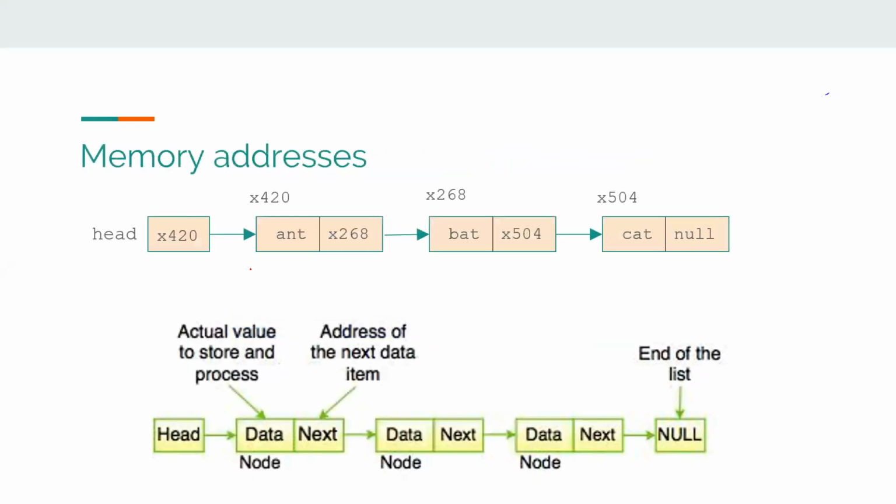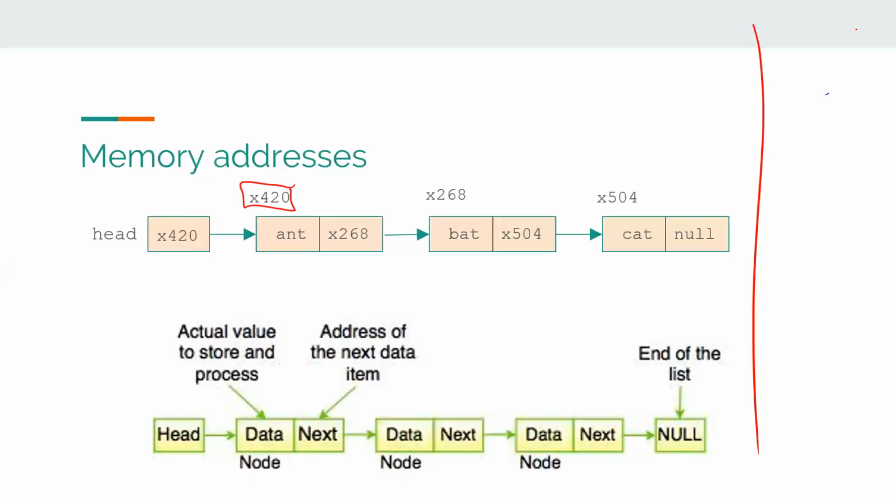Getting back to this idea of a memory address, though, in this diagram, I've added the memory locations to help show you what that actually means. So if you imagine that the ant node was stored at memory location hexadecimal 420, the X refers to hexadecimal format. And what does that really mean?